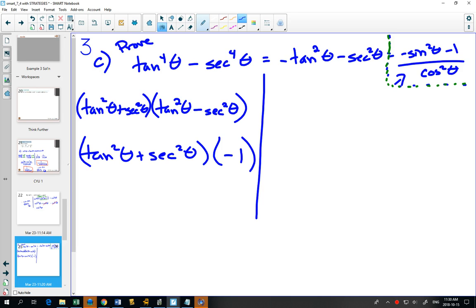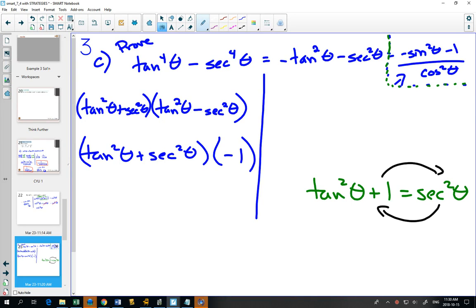Okay, take a look at tan squared. I'll write it over here. Here's our formula on our formula sheet. Can you do mental math to get tan squared minus secant squared on one side? What would be on the right-hand side then? The minus 1, because you would have to move the 1 over to this side and the secant squared over to that side to get tan squared minus secant squared.